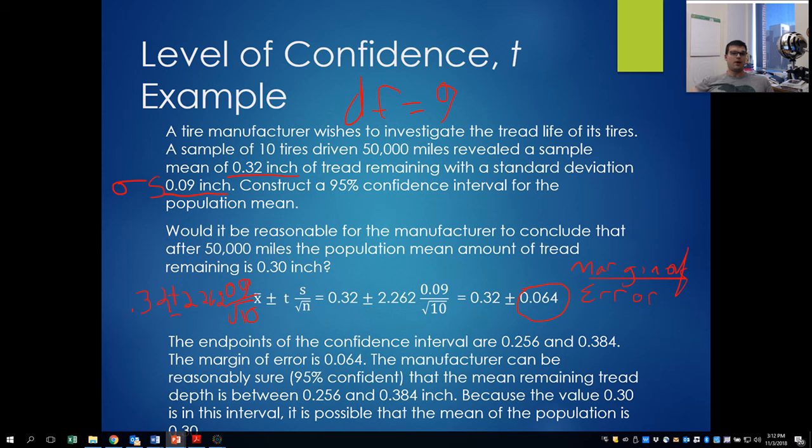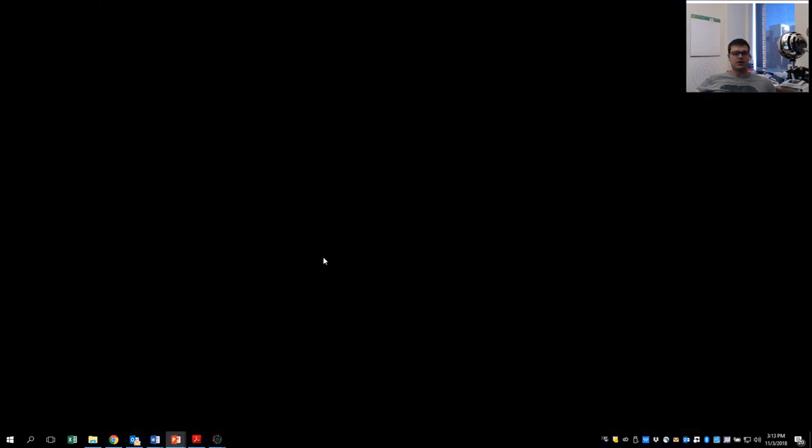So the manufacturer is 95% confident that the mean remaining tread depth is between 0.256 and 0.384 inches. Because the value 0.3 is in the interval, it is possible that the mean of the population is 0.3. Okay, so that right there is levels of confidence utilizing the t-distribution.